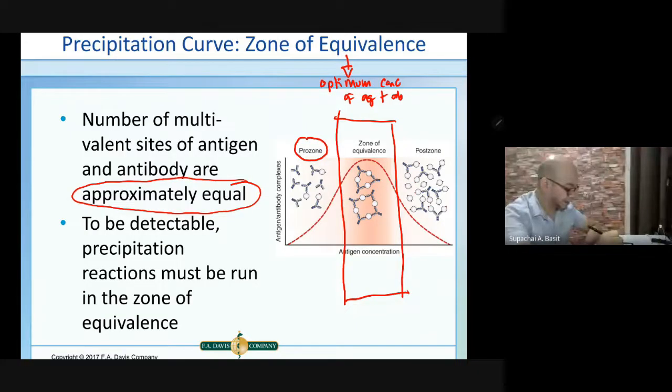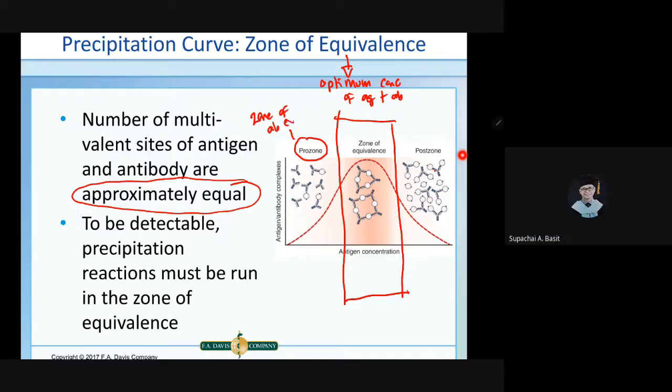Prozone is the zone of antibody excess. And then we also have the post-zone. Post-zone is the zone of antigen excess.